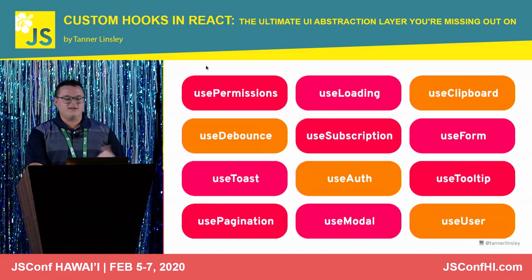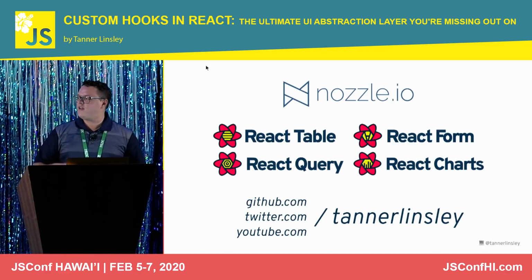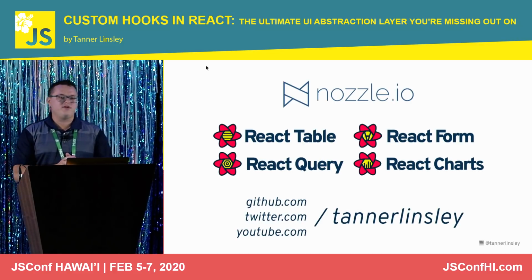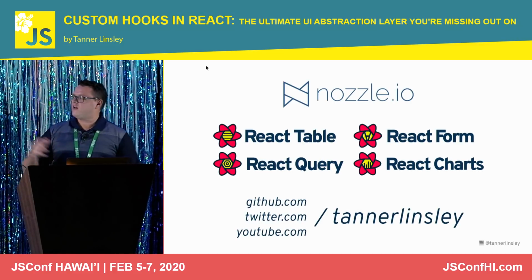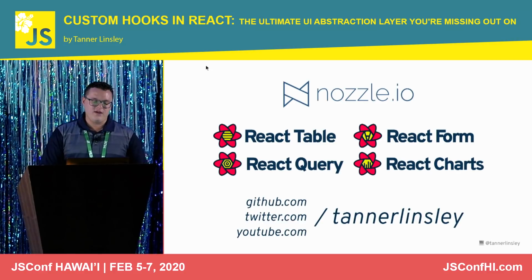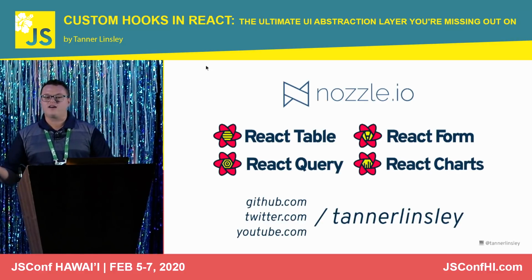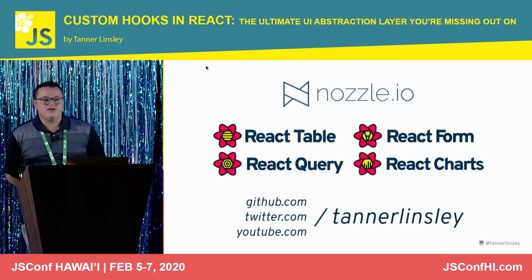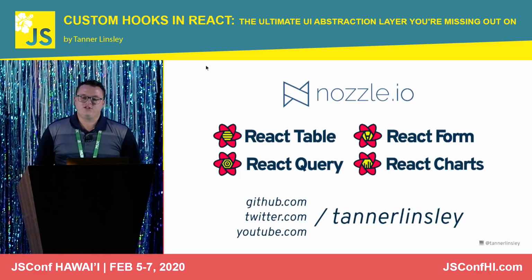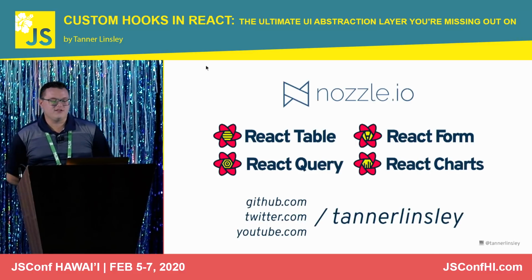I take things to the extreme, and I create tons of open source libraries built on custom hooks. Those 4 are just a few of them. React Table is, in fact, just a hook. It actually doesn't render anything for you. It just is a hook that gives you everything you need to render your own table. It's a really interesting concept.